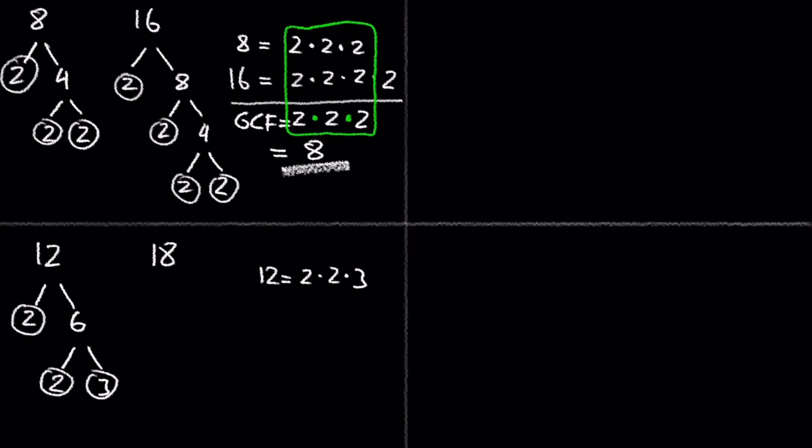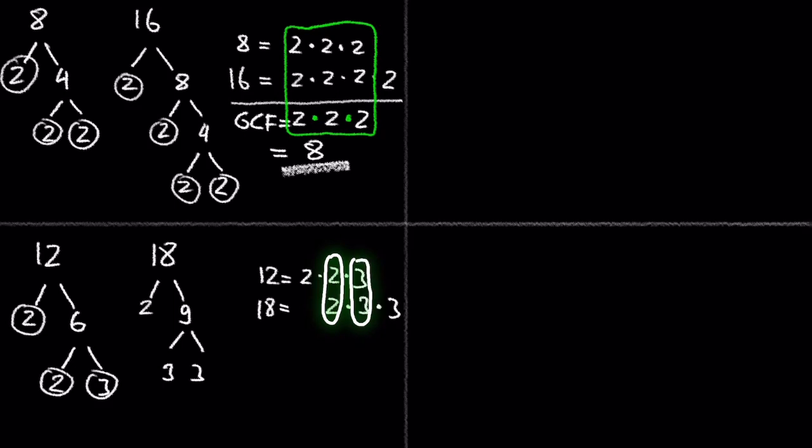18 is 2 times 9, and 9 is 3 times 3. So we can write the 18 as 2 times 3 times 3. Make sure that the same factors stand in the same column. Then write the factors from each column once in the next line, which are 2 and 3, and multiply them together.